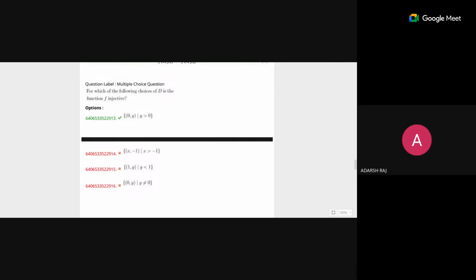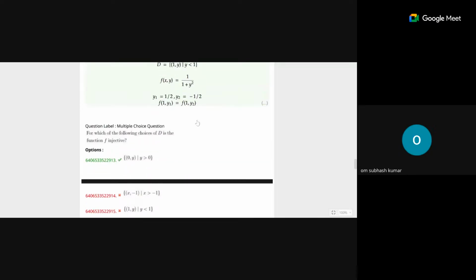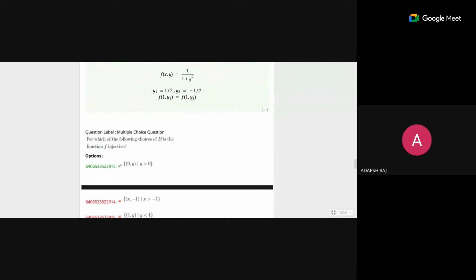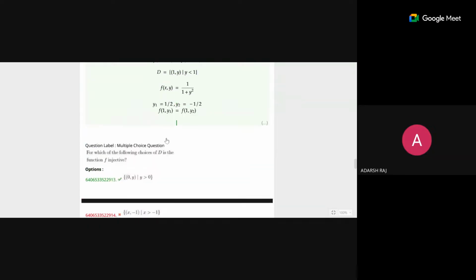So can I move to the next question? Yes, sir. Sir, can you explain bijective, surjective? Okay, so bijective means the function has to be one-one and onto also.